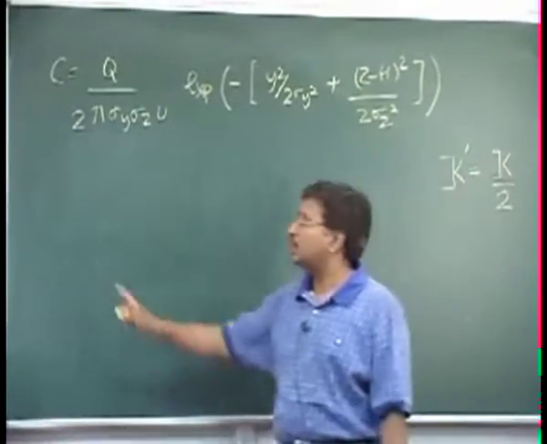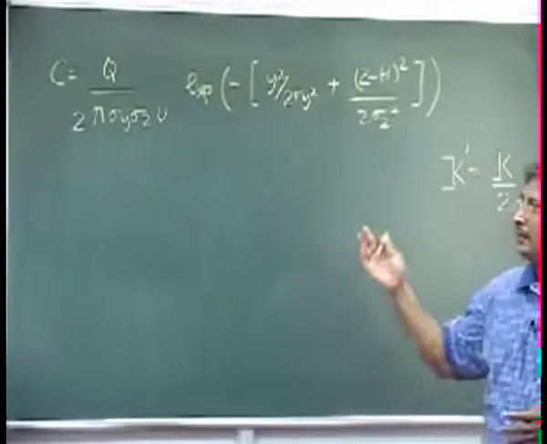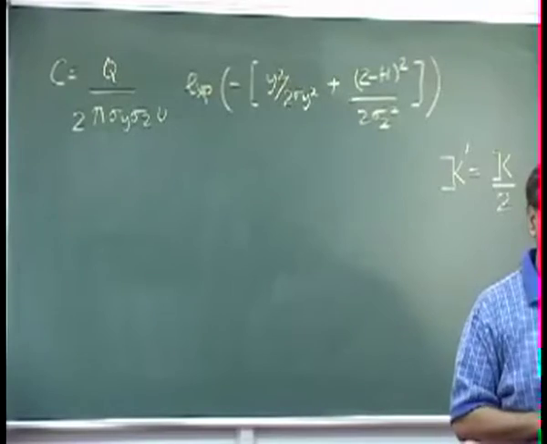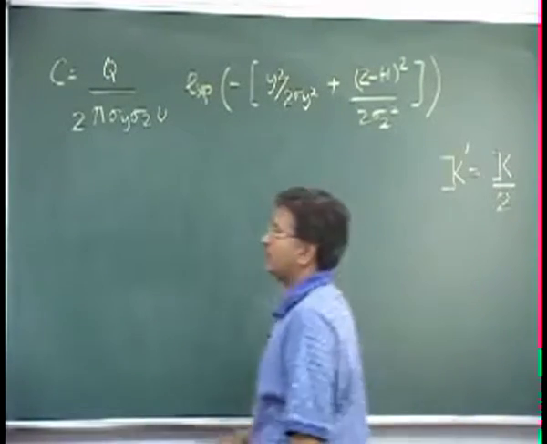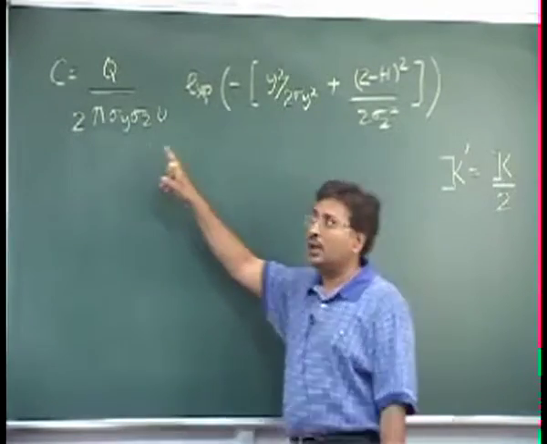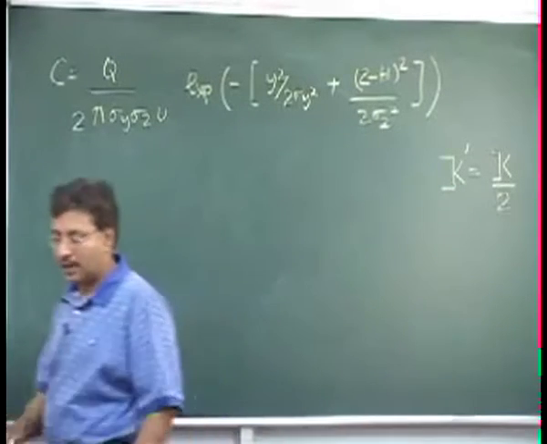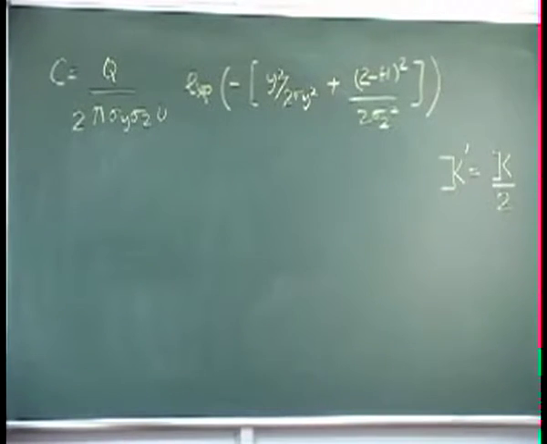So you see here the additional 2 has come. We are not discussing how that 2 has come, but you accept that the additional 2 will come. So 2 changes from the equation that we derived yesterday, and z becomes z minus H. That part you can see very clearly.